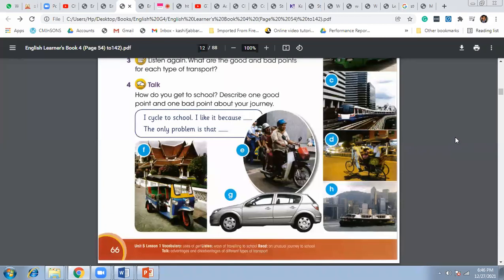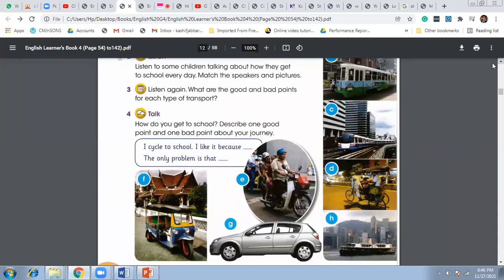Okay. When you go to the school usually, which transport do you use? And tell me one good thing about that and one bad thing about that. I use car. Car. So what is good about the car and what is bad about the car? It is big. Okay.